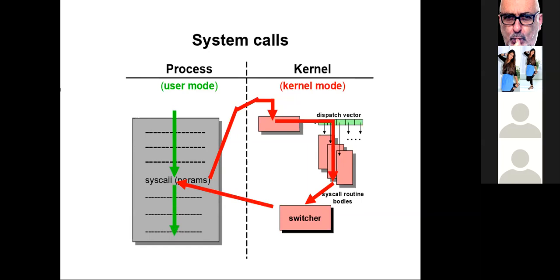So from the point of view of the algorithm, you don't perceive any interruption, but only the effect of the system call you have called, of course. But there is the switcher in the middle.